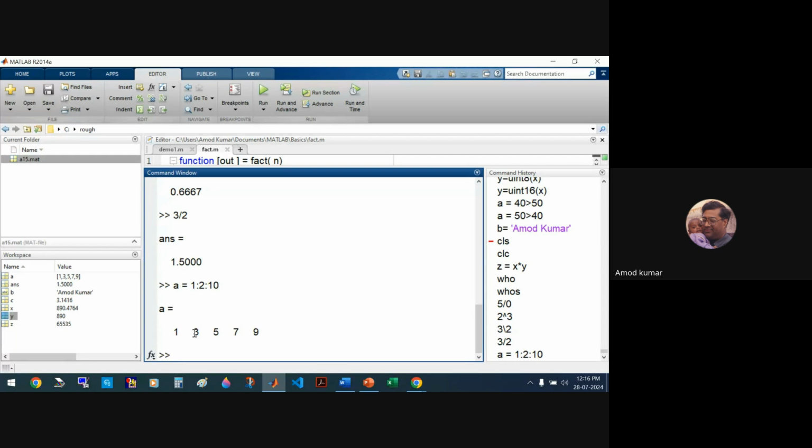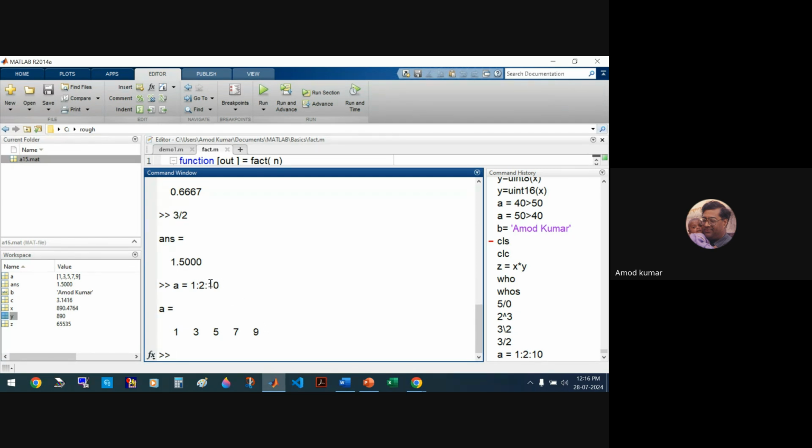The first number will be incremented by 2, so it has become 3. Similarly, the next number is incremented by 2 and becomes 5. Similarly 7, and 7 incremented by 2 is 9. So 9. Now, where will it stop?